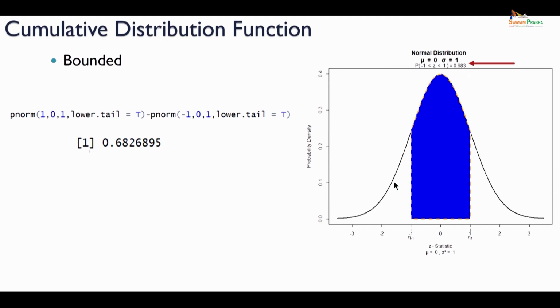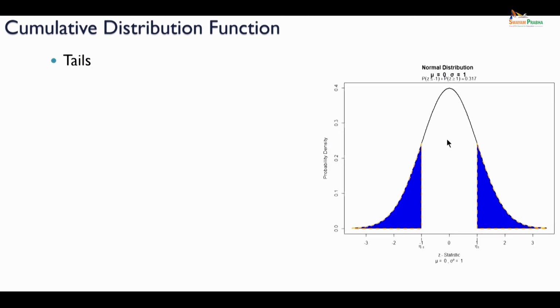Now, if I am interested in finding out the area of the tails, I have to give a similar function, but there is just a small catch, because in one part of the function in pnorm, I gave lower.tail equal to TRUE, and in another part I say lower.tail is equal to FALSE, and wherever I am saying FALSE I am giving a start value of 1.